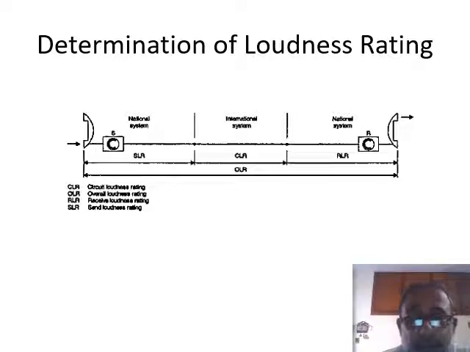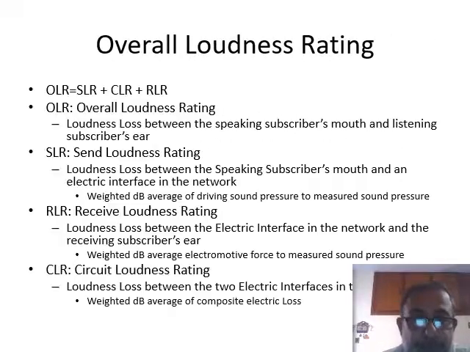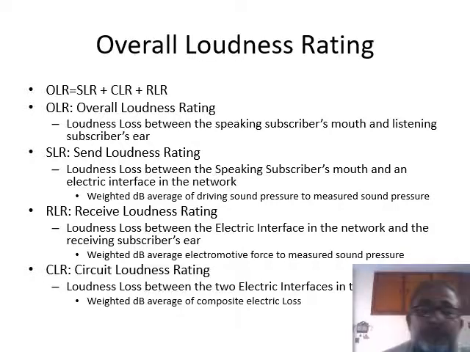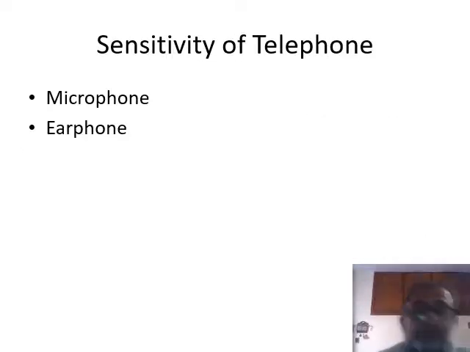That would give us a very good result. Here you can see that overall loudness rating is equal to sender's loudness rating plus circuit loudness rating plus receiver's loudness rating. The sensitivity of the telephone depends upon two things: microphone and the earphone.